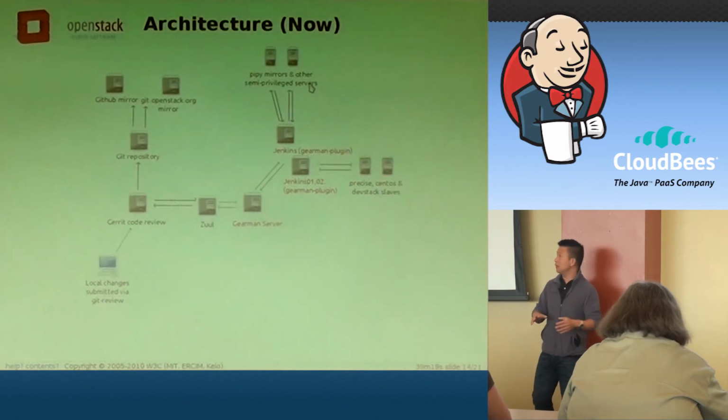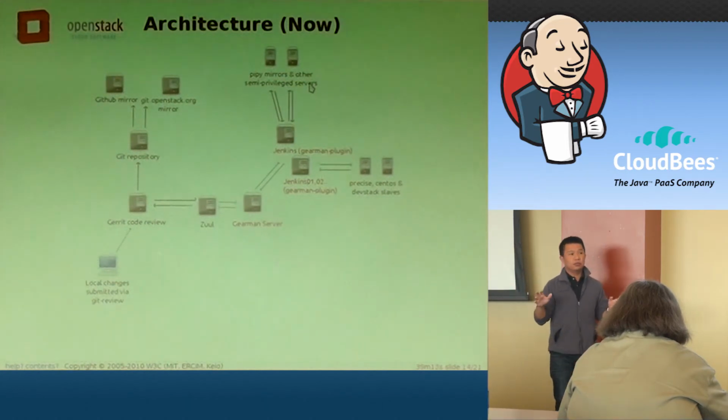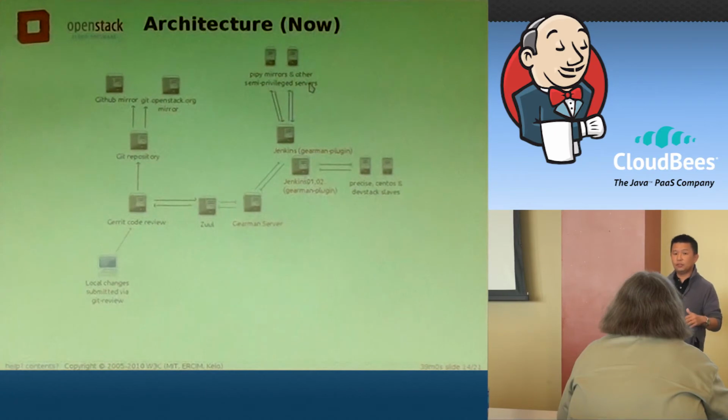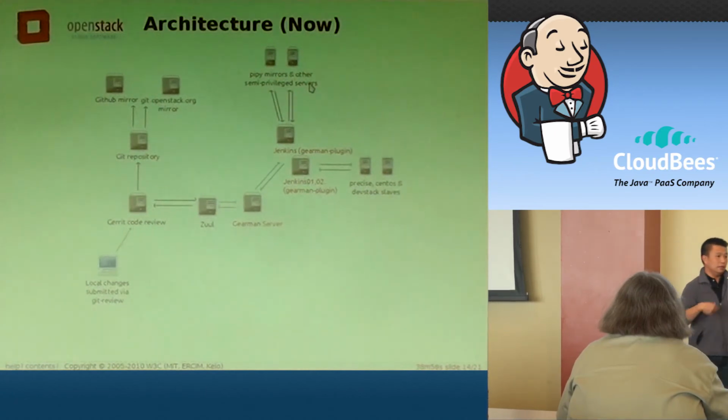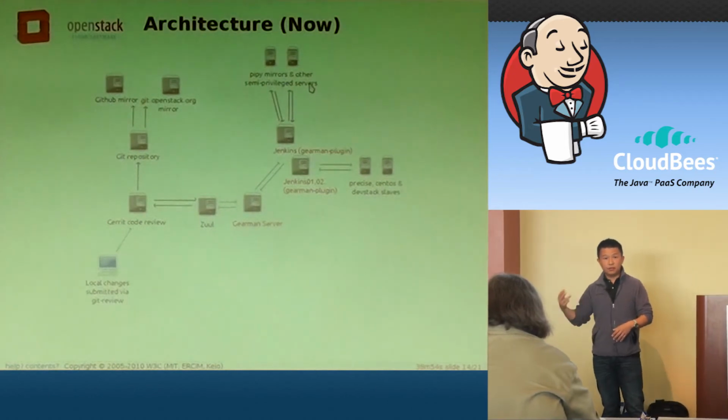Those are all VMs, but they don't get destroyed. Jenkins 2 and 3, what we do is we attach all the slaves to 2 and 3, and I think about 150 slaves each attached to 2 and 3, so that those slaves usually will service all the jobs.